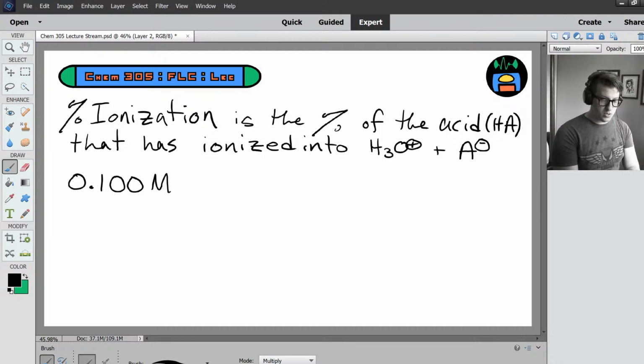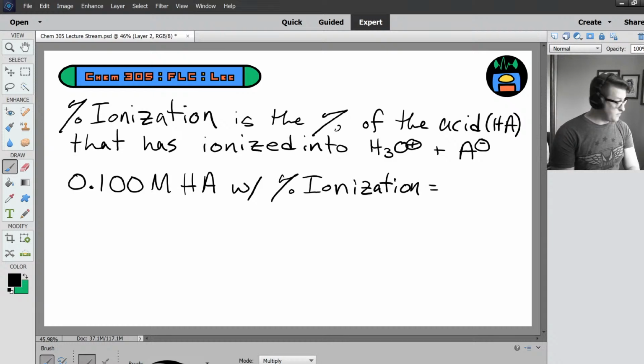All right, so for example, if you had a 0.100 molar solution of HA, let's say this acid has a percent ionization that equals 25%.